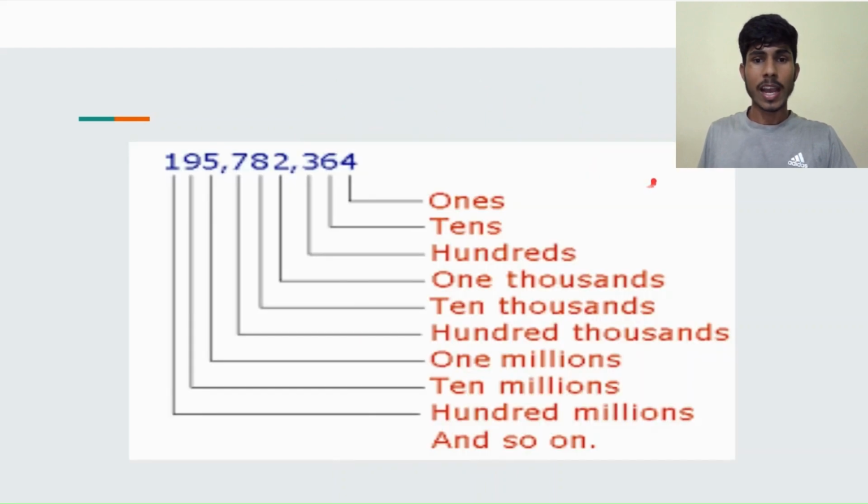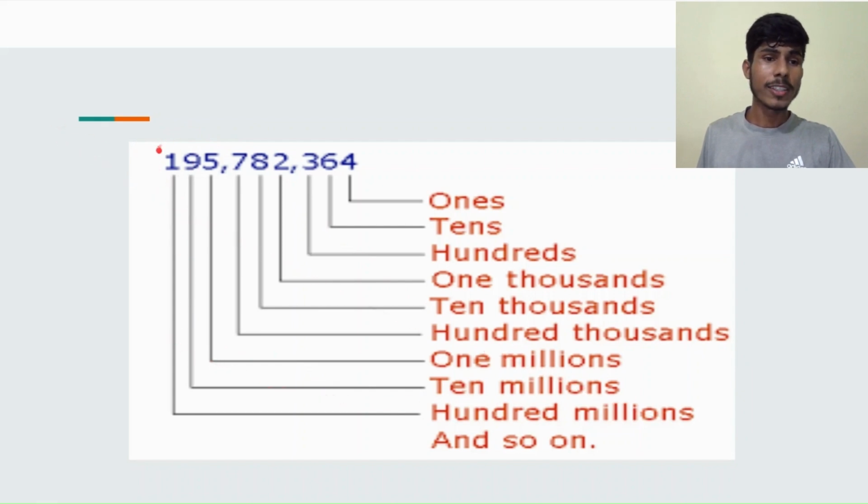Okay. And if you consider a very large number, you can easily tell. This time the rightmost digit 4 is in ones place, and the next digit 6 is in tens place, and the next digit 3 is in hundreds place, and the next digit 2 is in thousands place, and the next digit 8 is in 10,000s place, and the next digit 7 is in 100,000s place, and the next digit 5 is in 1 million's place, and the next digit 9 is in 10 millions place, and the next digit is 1, that is in 100 millions place.